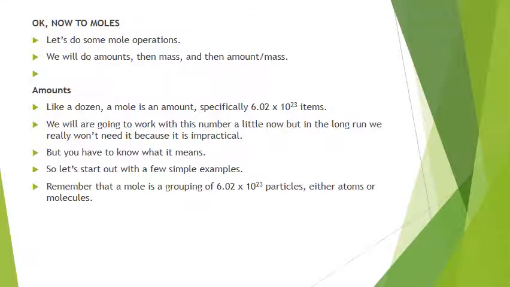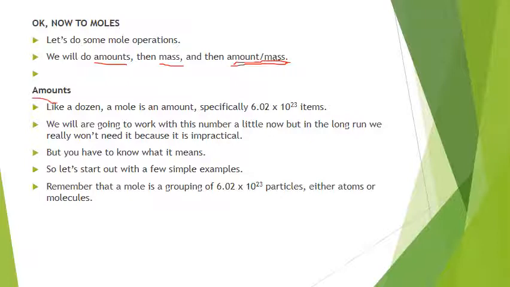All right. Okay, now on to moles. Now we're going to actually use moles. So we're going to do some mole operations. We're going to look at mole amounts, mass, and then amount mass. So we're going to do amount to amounts, amount to mass, mass to amounts, and then combine the two. If you give it a certain amount, what is the mass, and so forth.